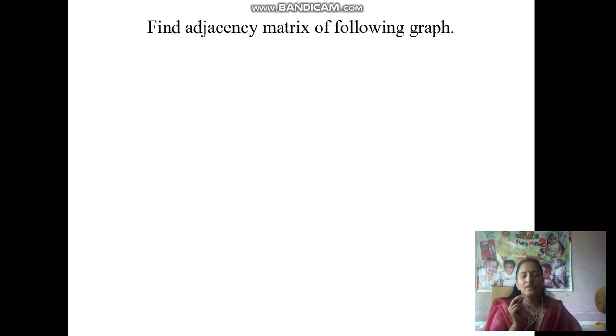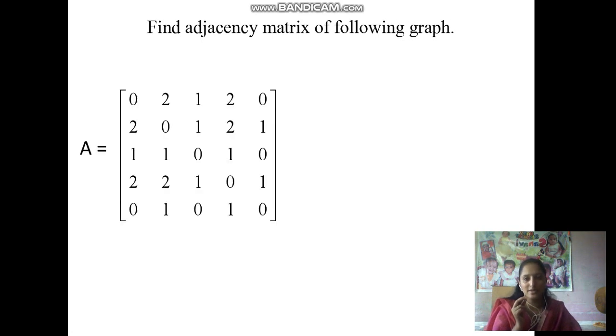Now find the adjacency matrix of the following graph. We see another example here. Here A of G is the adjacency matrix. There are 5 columns and 5 rows in that matrix. That means there are 5 vertices in that graph.